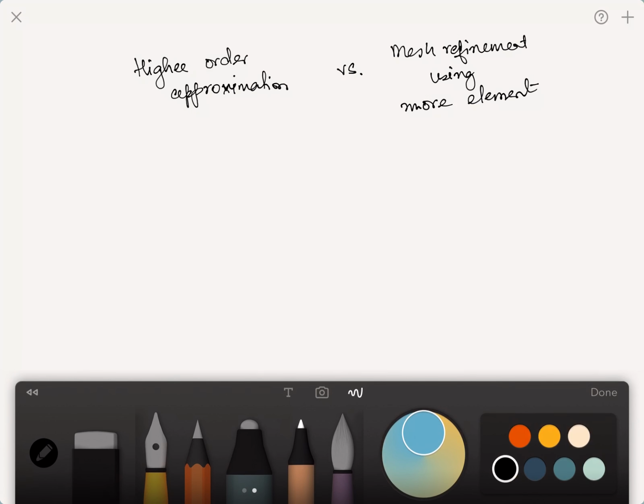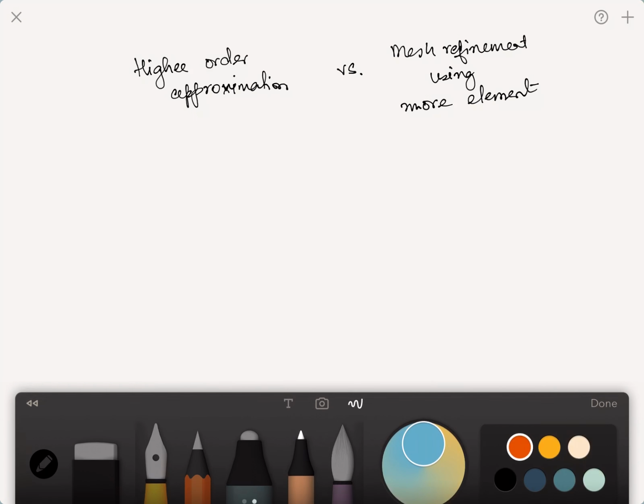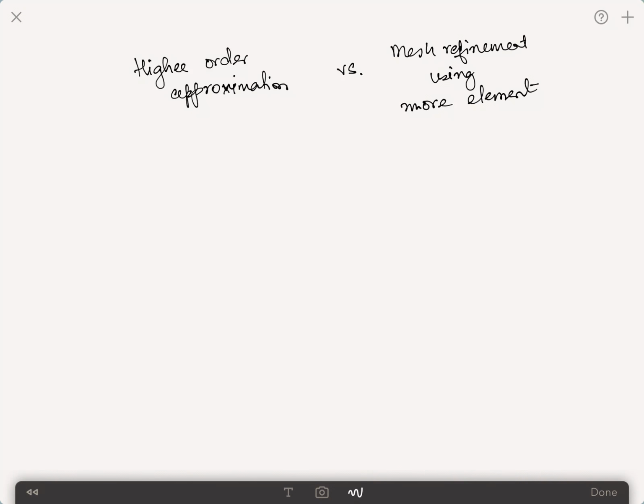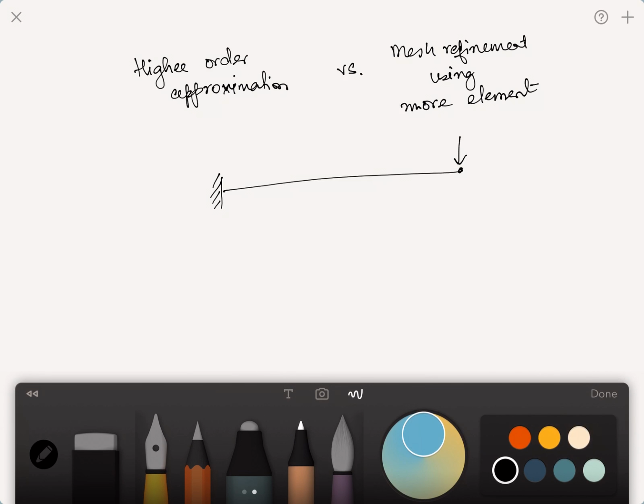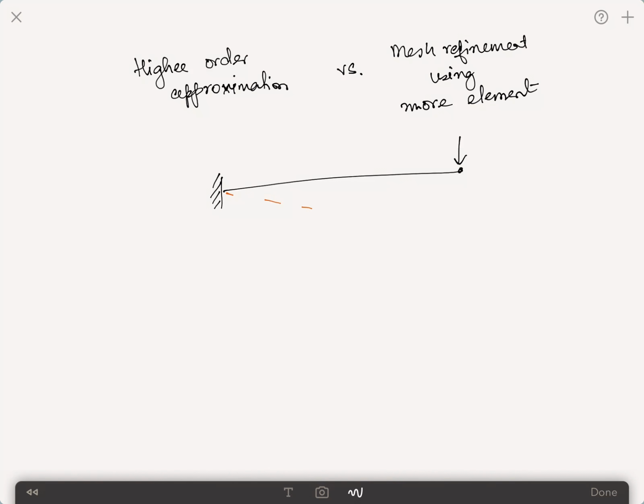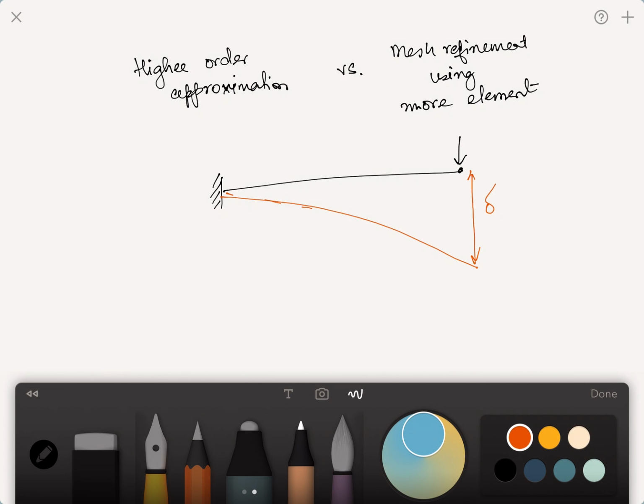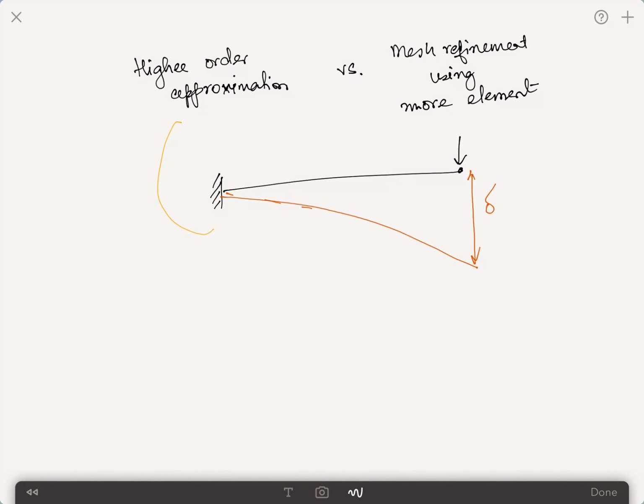As you can imagine, if I have this cantilever beam problem and I am loading it at its end, I get this nice behavior with a delta, which is the deflection at the end. I can get this either by using a higher order approximation of a single element. So I say this is a single element, but I introduce a certain number of degrees of freedom.